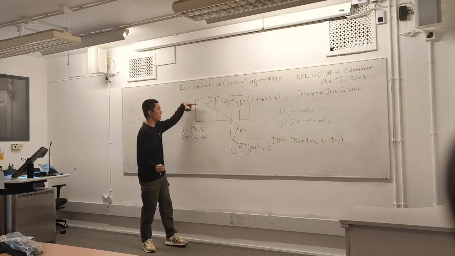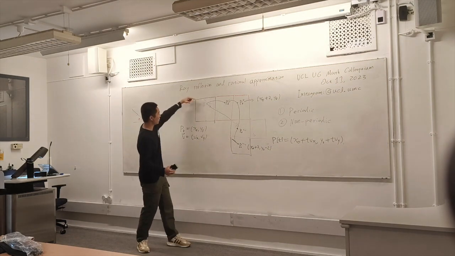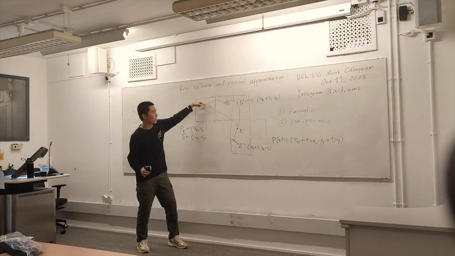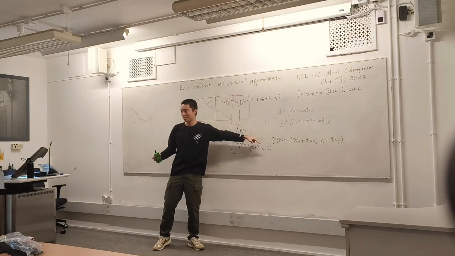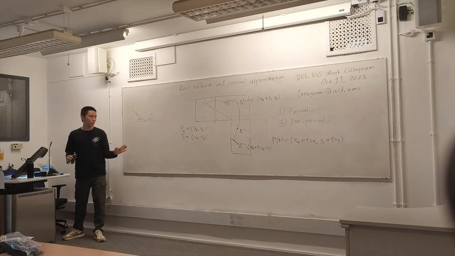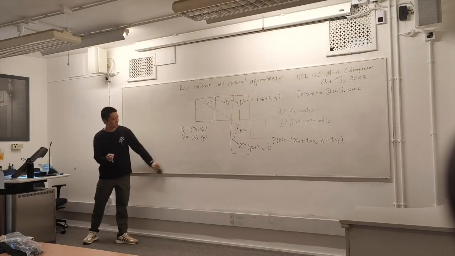So if the light is hitting the square in the same direction, it just means that this light eventually reflects from this wall and goes back to P0 and travels through the path again. So that's the geometric bit, and we may erase this part.